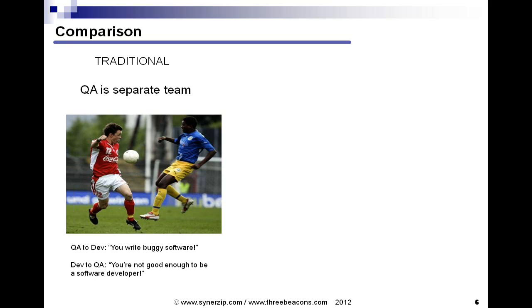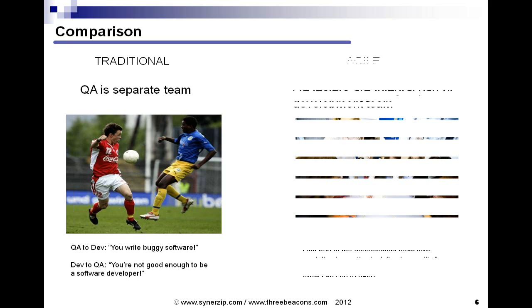And the QA tester would rightfully respond by saying something like, well, you write buggy software, and you could never be a QA person because we don't allow buggy software. Well, these types of statements are silly and petty, and they actually reinforce that artificial wall between the organizations of the development team and the QA team.